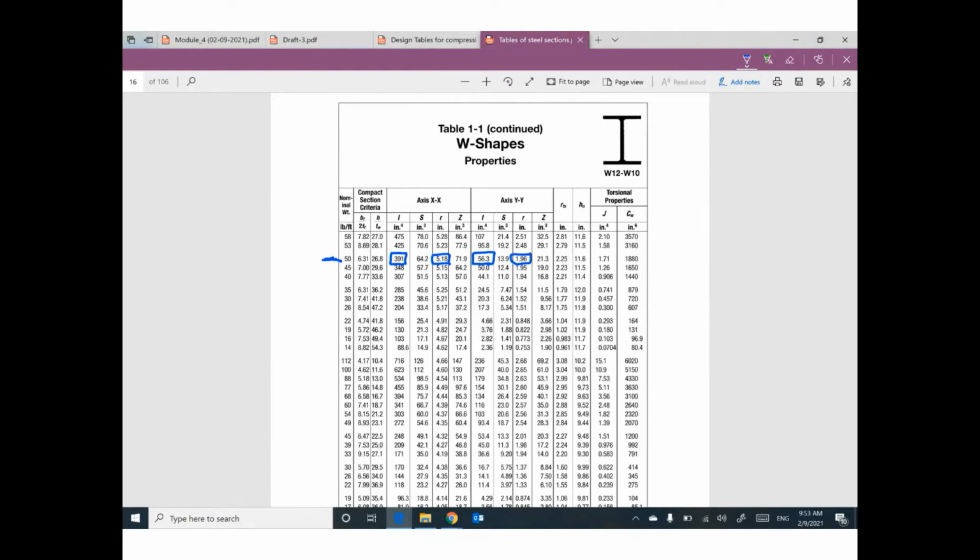As I told you, we have Ix and we have Iy. We have small r_x, which is the radius of gyration. We have small r_y.